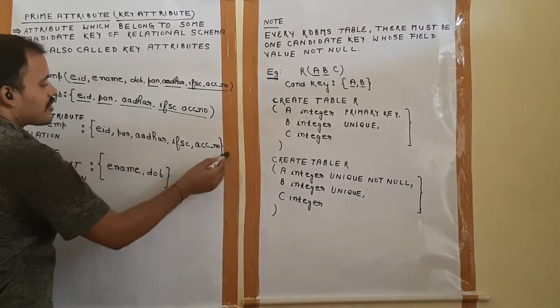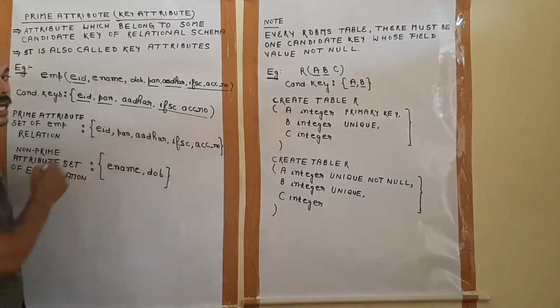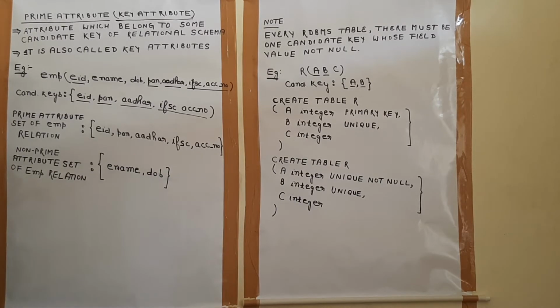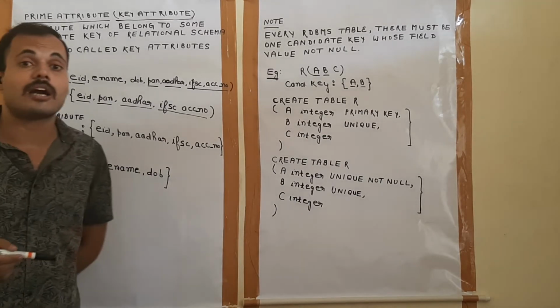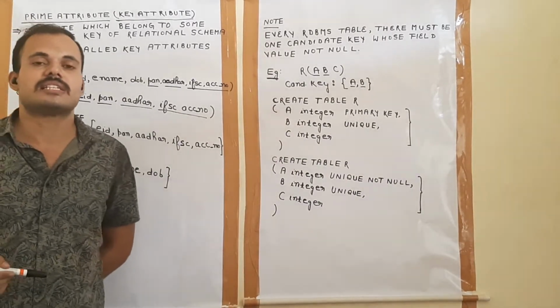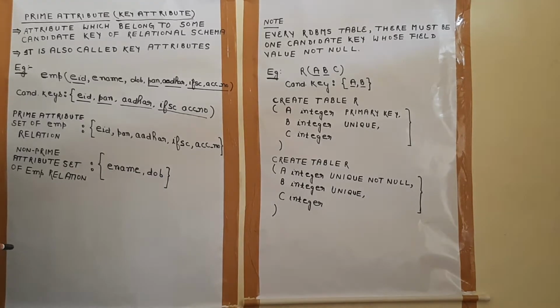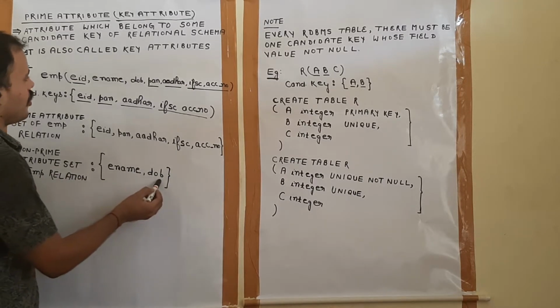Understood? So these attributes are called prime attributes or key attributes, and the attributes which don't belong to any candidate key of the relational schema or relation are known as non-prime attributes or non-key attributes. So the non-prime attribute set of the employee relation is E-name and DOB.